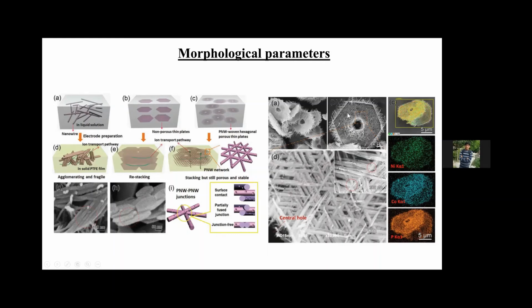This increases the surface area for higher charge, and we can see how the nanowires agglomerate and form a hexagonal disc structure. We can see it here.